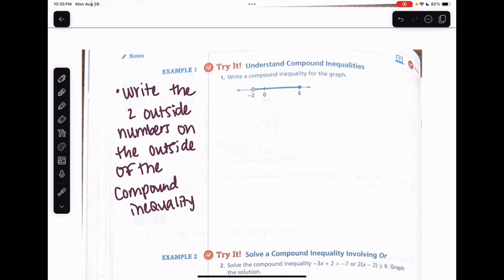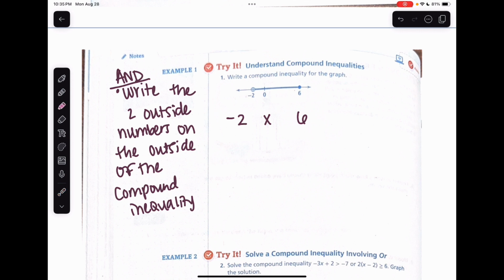Okay, so I've got -2 and 6, right? And I know I'm going to have an X in between because I've got something in between. This is going to be an and statement, meaning I've got two different things combined together. They're kind of stuck together so they have some commonality because they overlap, right?